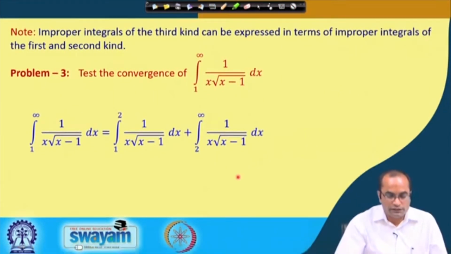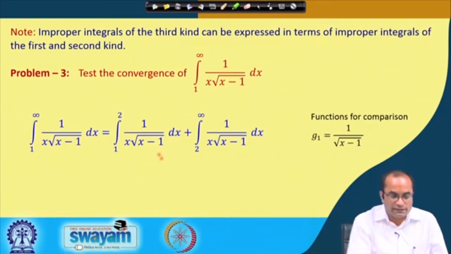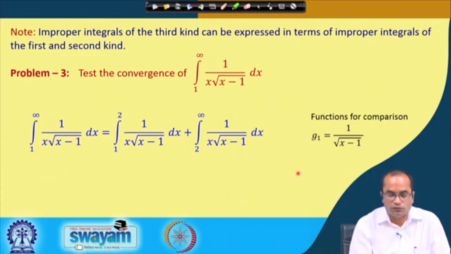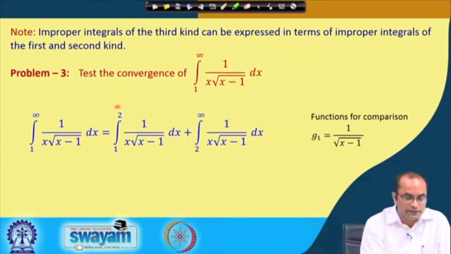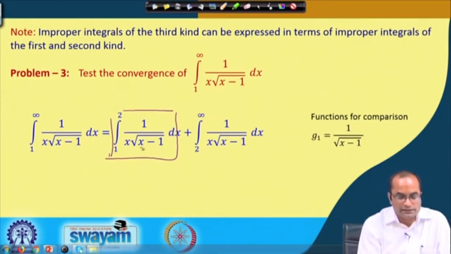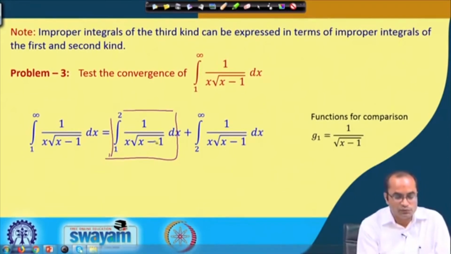For the convergence we will use the comparison test, and let us discuss the first integral first. We will take the function 1 over square root x minus 1, and the reason is clear. In the first integral, the integrand 1 over x square root x minus 1 is getting unbounded when x is approaching 1.